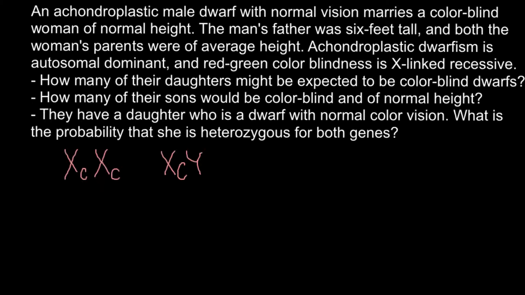And when we build a Punnett square, we can see the possible genotypes and phenotypes for the progeny.